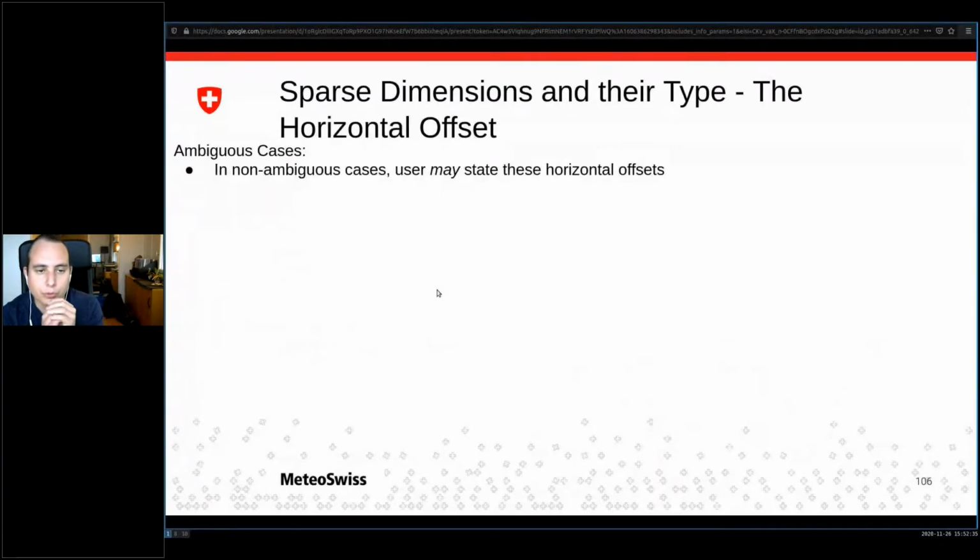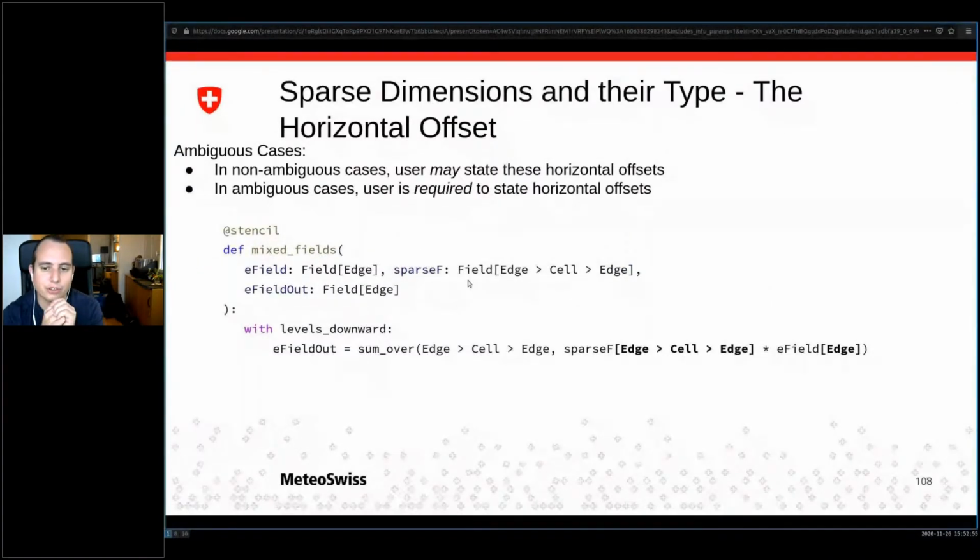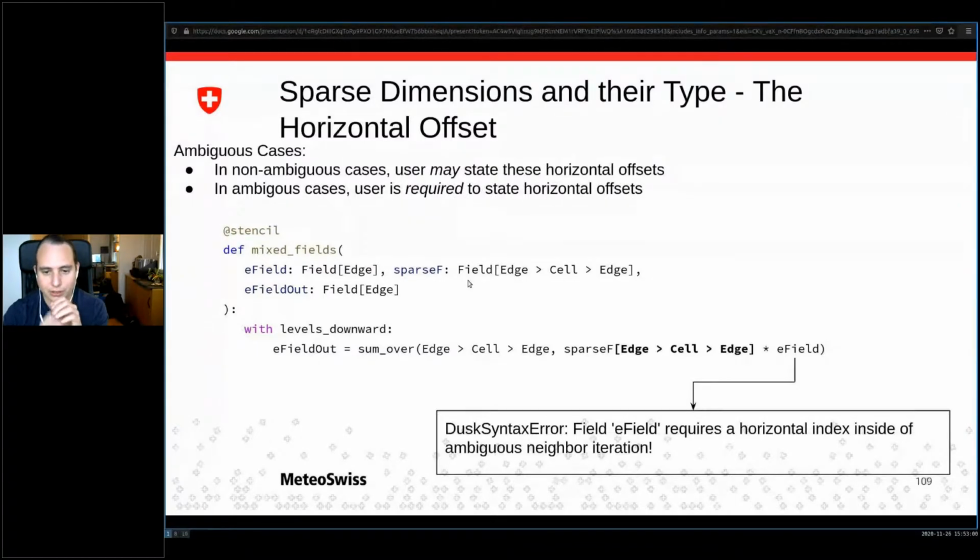Okay, so to summarize, in non-ambiguous cases, you may use these horizontal offsets. So it's perfectly fine to write it like this if you have a chain which is non-ambiguous. So you may state this if you want. However, in ambiguous cases, you are required to do it. There is no default. So if you forget it here, then Dusk is going to complain and tell you that there is a syntax error.